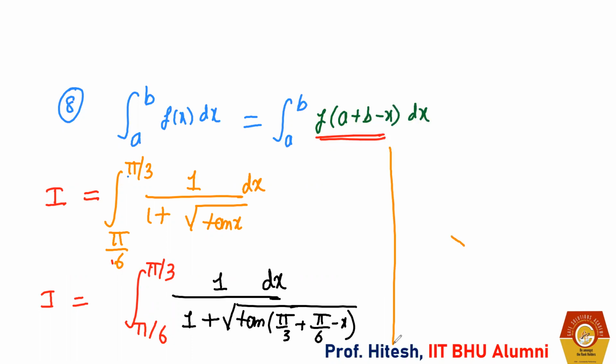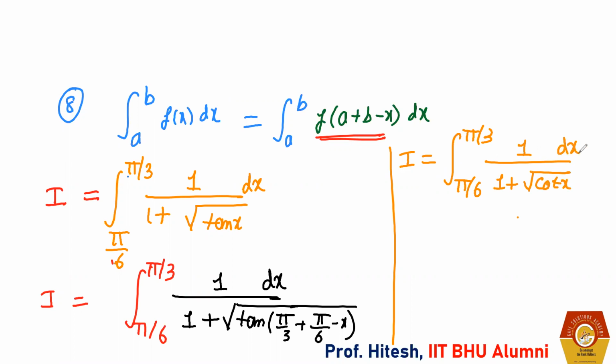So I is equal to, or we can do that. Okay, pi by 6 to pi by 3, and this will be 1 upon 1 plus under root tan of pi by 2 minus x, that is cot x. Okay, so we have written this pi by 6 to pi by 3.